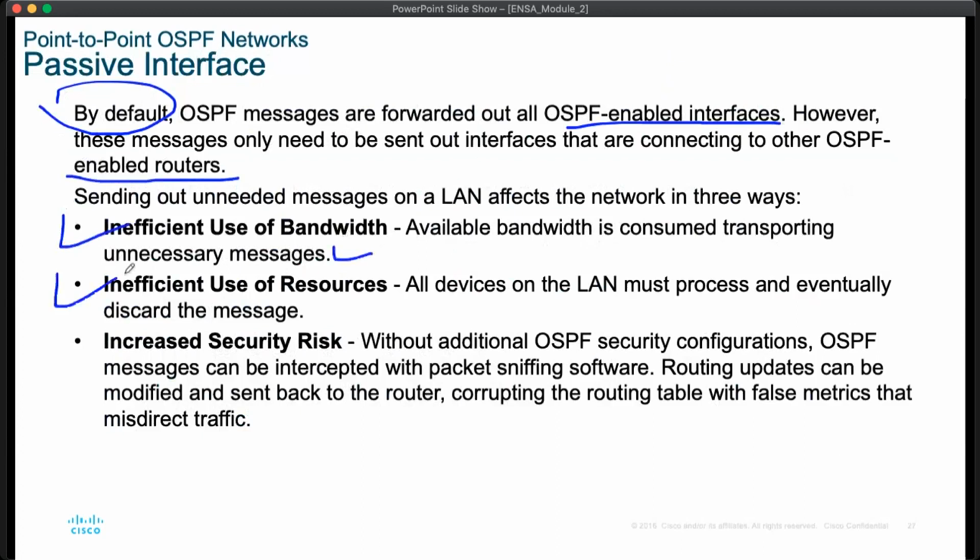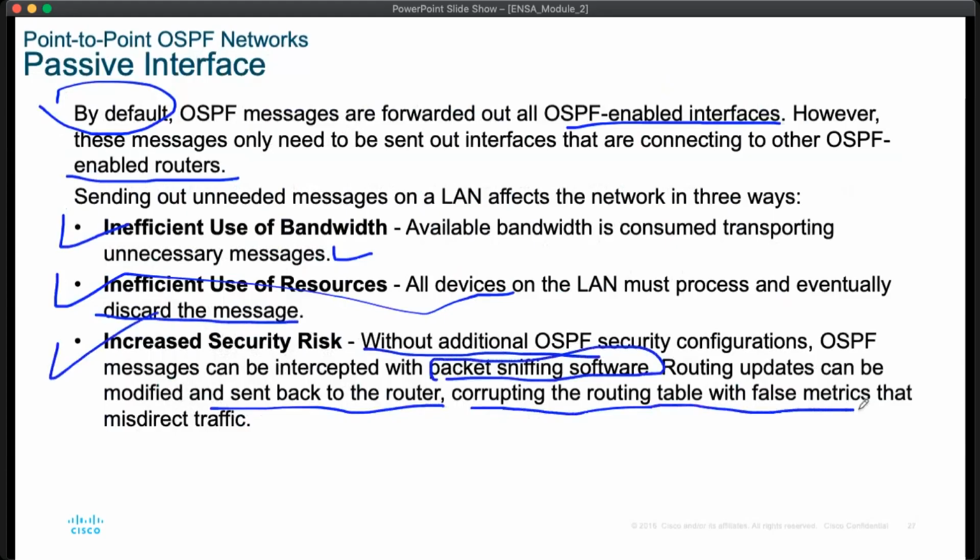Second, inefficient use of resources: all devices on the LAN must process and eventually discard the message. Thirdly, increased security risk. Without additional OSPF security configuration, OSPF messages can be intercepted by packet sniffing software like Wireshark. Routing updates can be modified and sent back to the router, corrupting the routing table with false metrics that misdirect traffic. Okay, this is what happens.